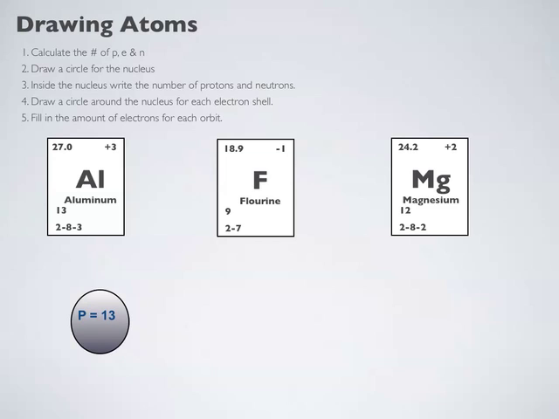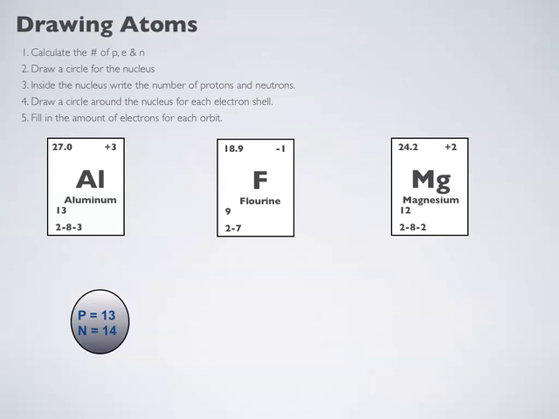How many neutrons? 14. And then what are we missing to complete the atom? The electrons. So far we have not talked about the numbers in the lower left part of the periodic table entry, and we're not worrying about those. Those are what we call the electron configuration.